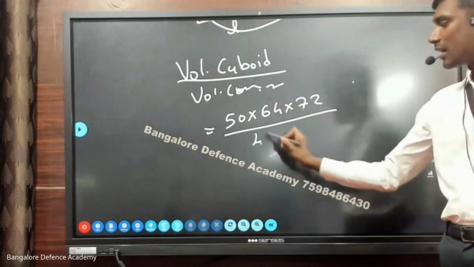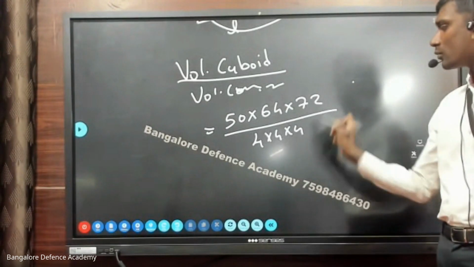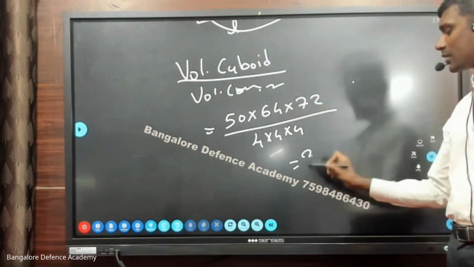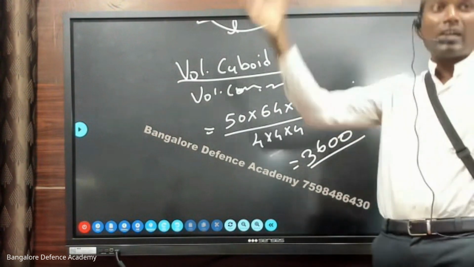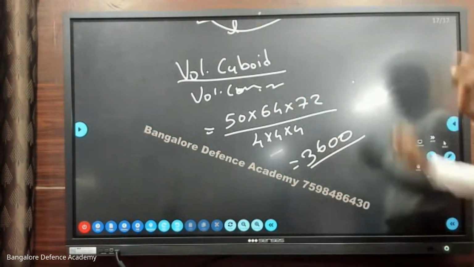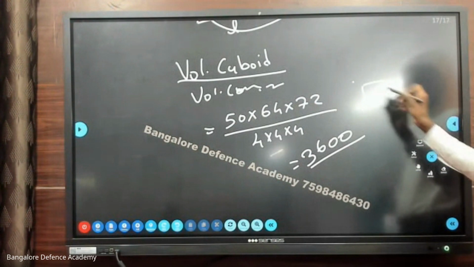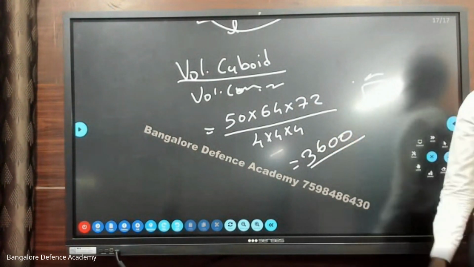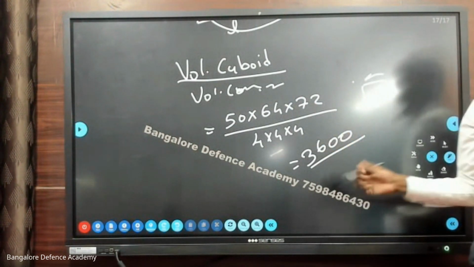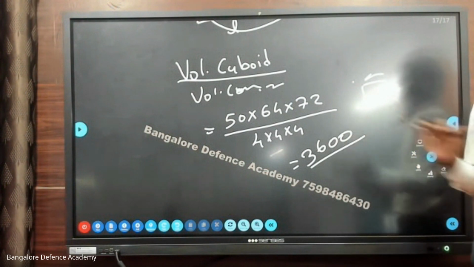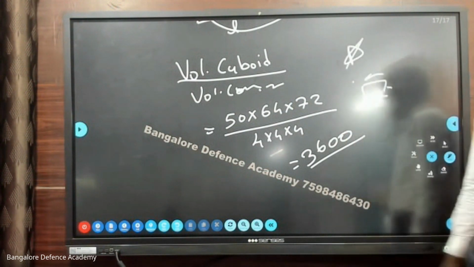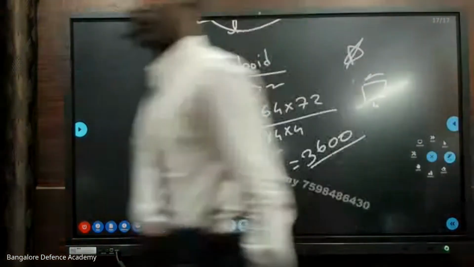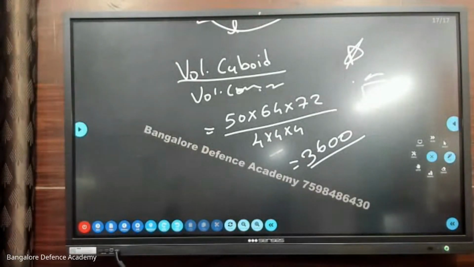That means side 4 into 4 into 4. When you solve this, how much do you get? 3,600. That means when I melted the bigger one, I get smaller cubes of 4 centimeter, this 4, this 4, this 4. How many pieces did I get? 3,600. You understand? Okay, this is one more favorite area where the examiner is going to ask you questions. Understood? Next question, take it down.